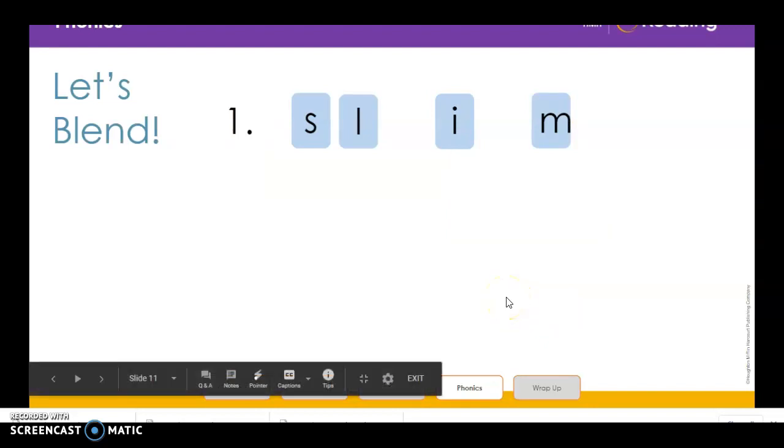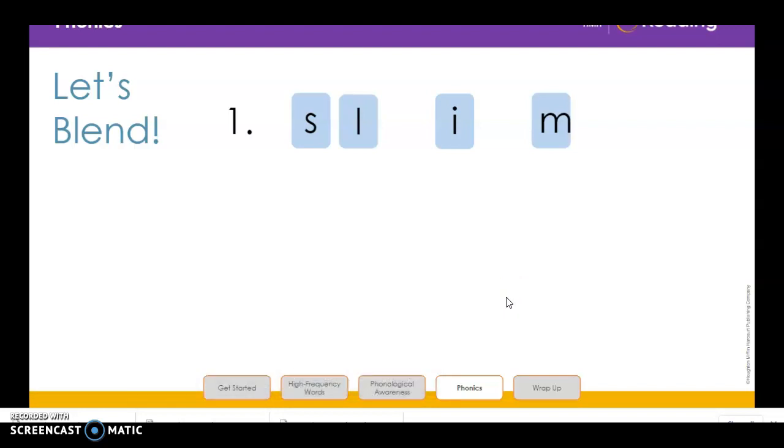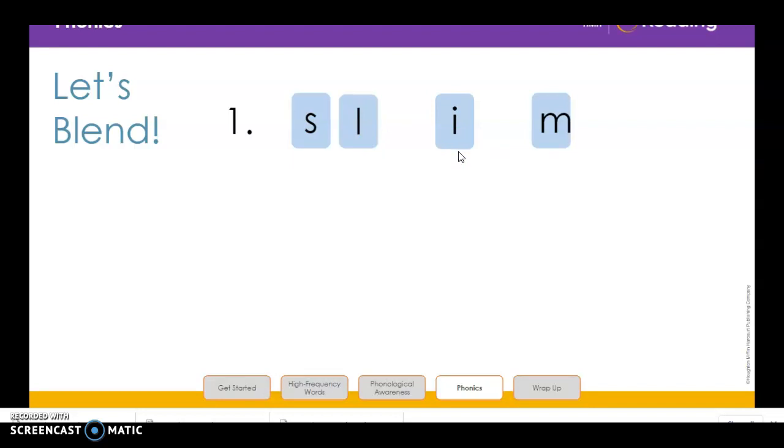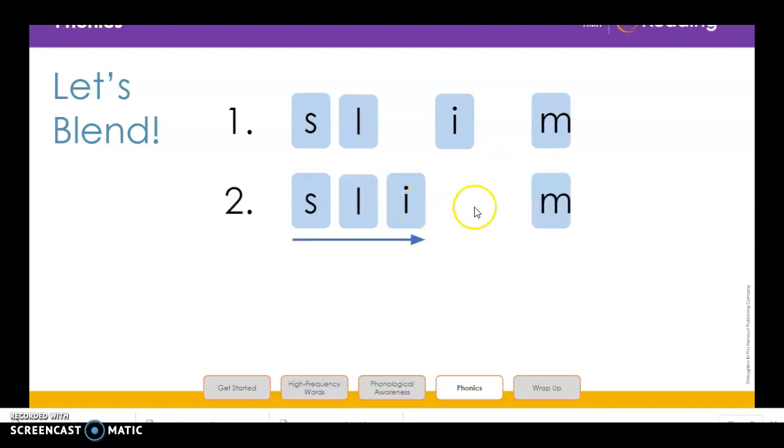Now let's do some blending. Let's blend some sounds to read some words. Line 1 says sl, i. Now let's slide over to the next letter in line 2. I see one vowel followed by a consonant, so I will use the short vowel sound. Sli, sli.